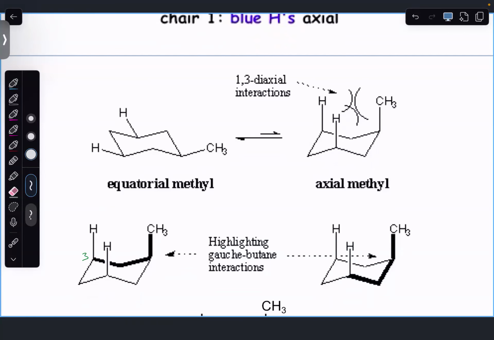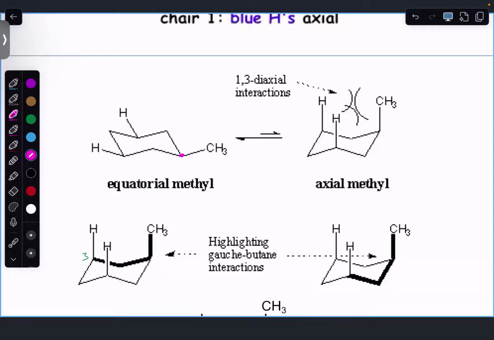You'll notice in the left-hand chair, I've got the methyl on an equatorial position. By the way, I have a hydrogen there that I didn't draw in. Is that hydrogen going down or up? Yeah, it has to be going down because the methyl group is going up.